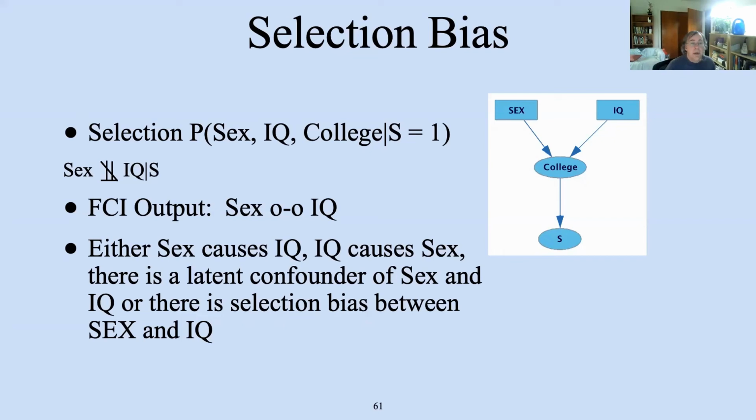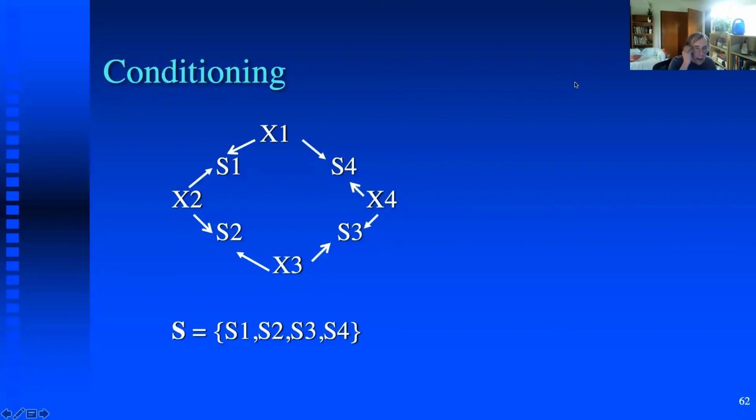It would say, well, yes, sex and IQ are dependent, but I actually don't know whether sex causes IQ, or IQ causes sex. There's unmeasured confounding of sex and IQ, or maybe, and this is now an additional thing I might consider, it's none of the above, but there's selection bias between sex and IQ. So it looks something like this graph. So that's a case where I can't tell whether there's selection bias.